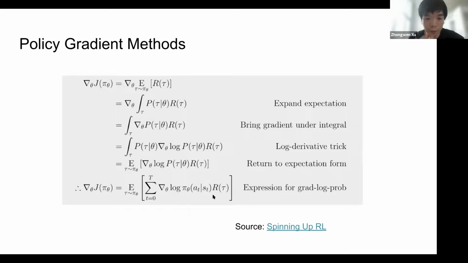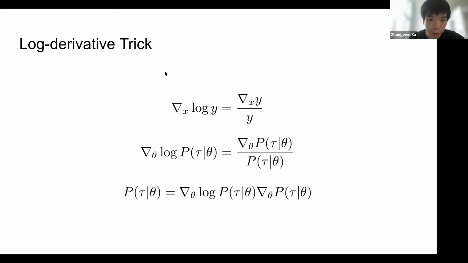So it's a very essential equation in the family of policy gradient methods. What it is saying is that you take the log probability of this policy, take the gradient, weighted by the total reward. It's quite simple, and actually the formulation was introduced in 1992 or 1993. It's called REINFORCE.